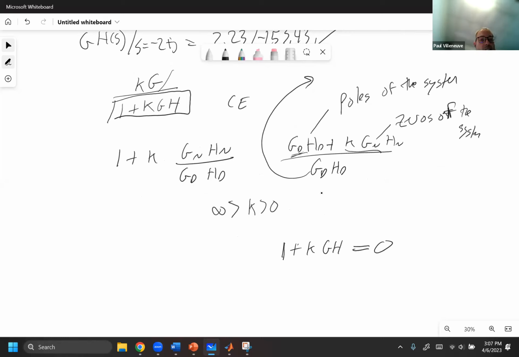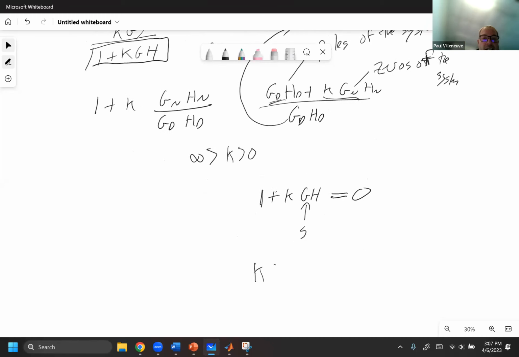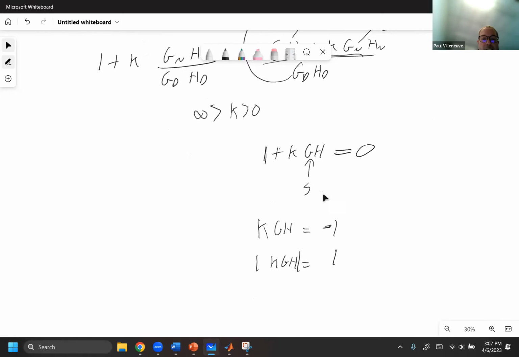Because a root locus is a plot of all the roots as K varies, then when we plug in a value for s over here, it has to equal 0. So KGH is equal to -1. So the magnitude of KGH has to equal 1, and the angle of KGH has to equal plus or minus 180 degrees.